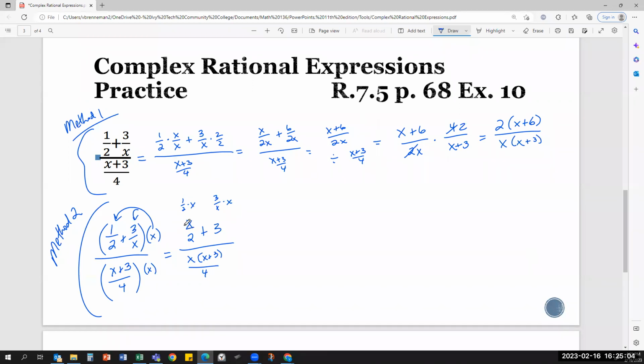Then I'm going to multiply everything by 4. I skip the 2 because that's going to be covered by the 4. Again, this distributes, so I have x over 2 times 4, and that becomes 2x. Then 3 times 4 is 12. And on the bottom, the 4 cancels, and I just have x times x plus 3.